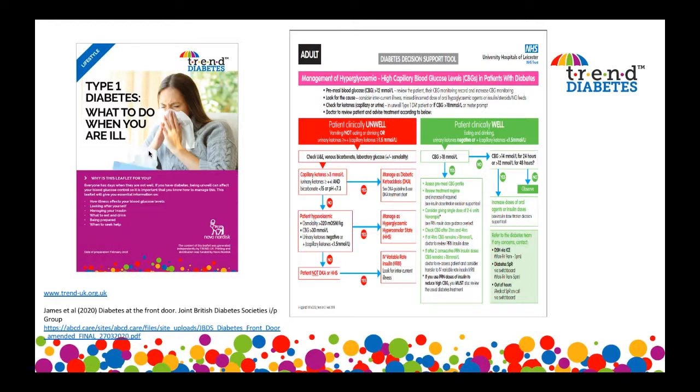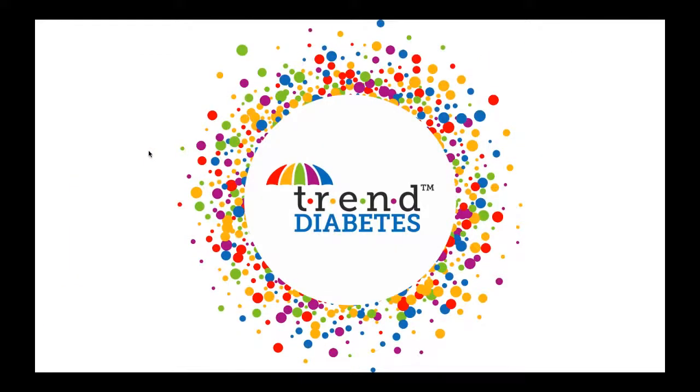So if you look at the JBDS guideline at the front door, you'll be able to copy and paste this leaflet, which is really useful too. So thank you for listening, and I'll be happy to take your questions.